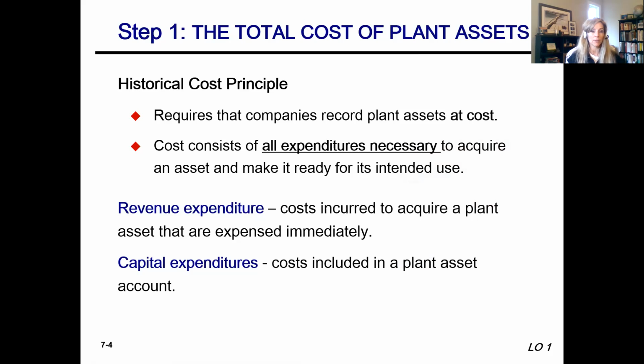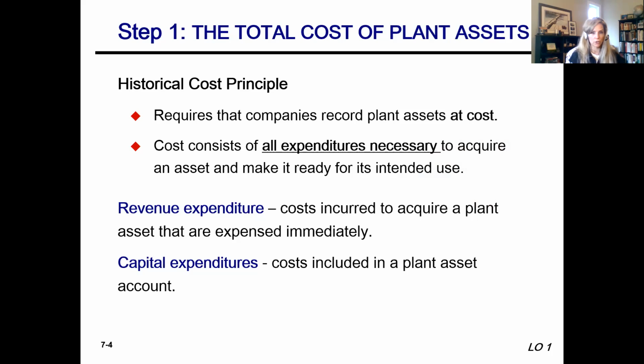Maybe there's some labor involved, or some other setups that need to be done, maybe some different configurations, etc. So basically, it's the cost of the actual physical asset, but it's also the other costs attached to it that get it ready for use. All the costs up to the point that it's ready to go, that is the total cost of the asset. Not just the price tag, but everything else.